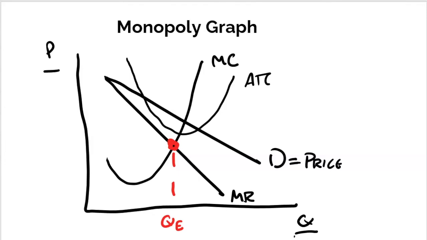They don't have to charge that equilibrium price. So what they're going to do instead is go up to the demand curve, which represents, at this specific quantity, the price and the demand for that quantity. And that is going to become our price equilibrium there. And then still where it intersects with the ATC, this right here represents our total cost. So this box right here would represent the area of profit.